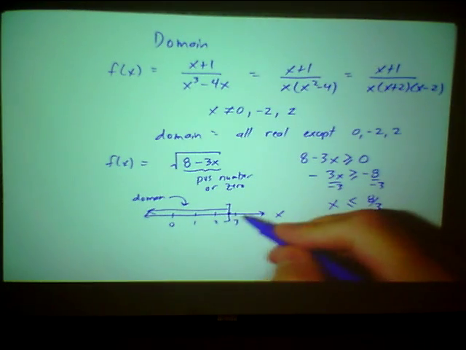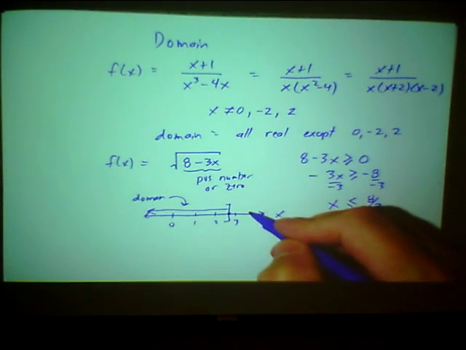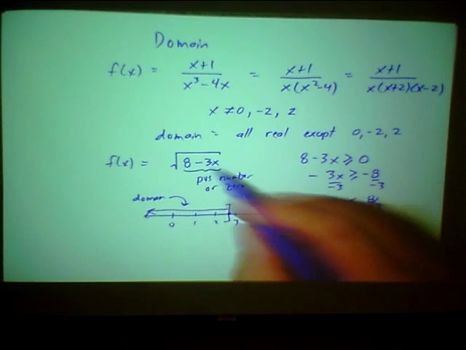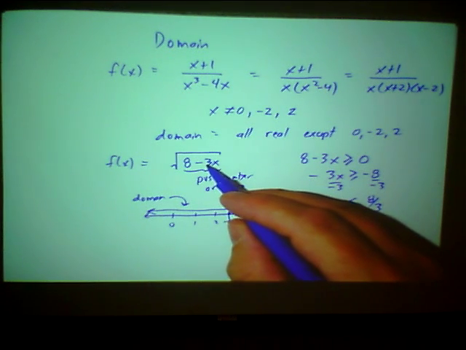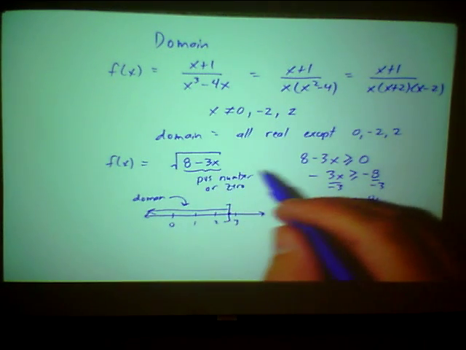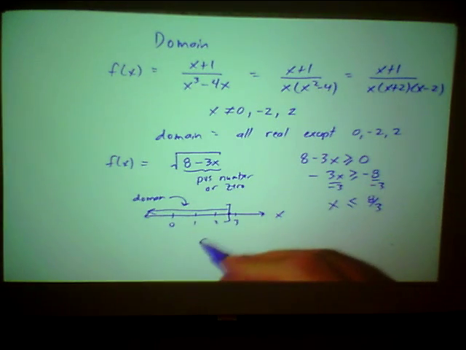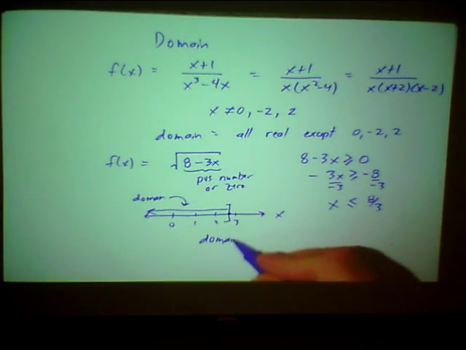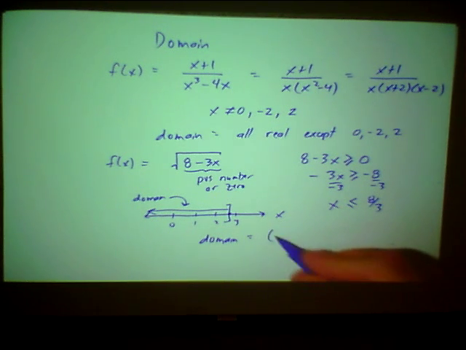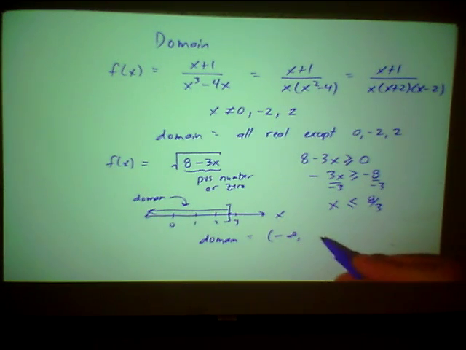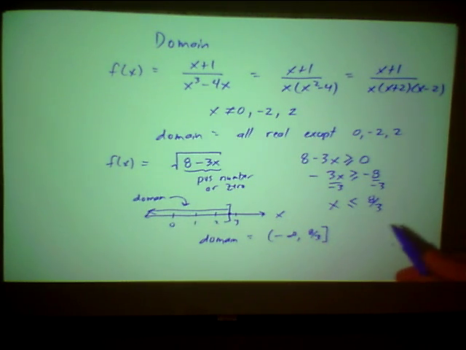If I picked a value to the right of my interval and I plugged it in to my expression, I would end up with a negative under the square root. So therefore, I say my domain is from -infinity to 8/3 with the bracket.